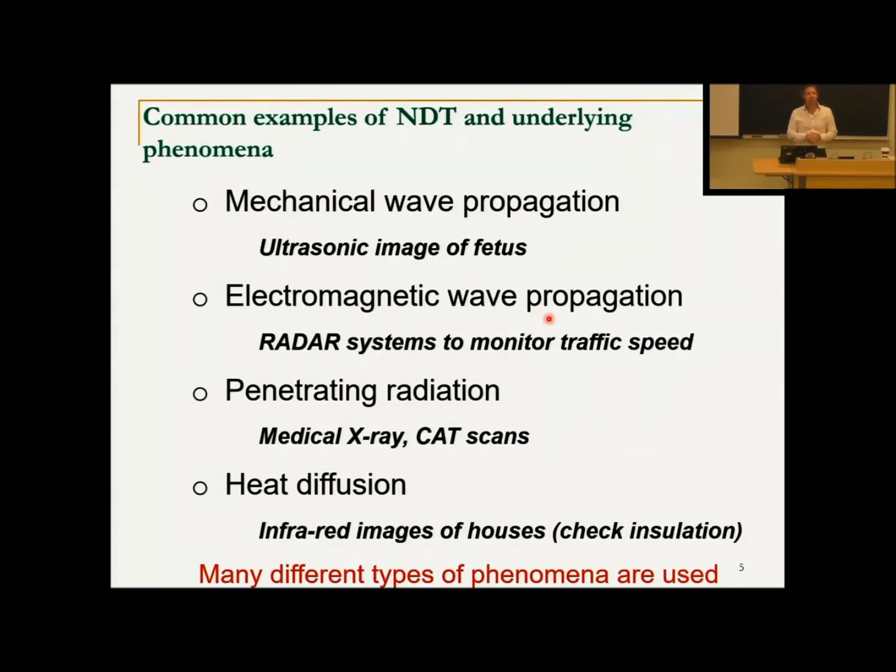And as we go through these different methods for a specific job and a specific material, I hope you see the strength of one method for a certain case, maybe the weakness of that same method for another case, right? Because they're based on very different types of phenomena.